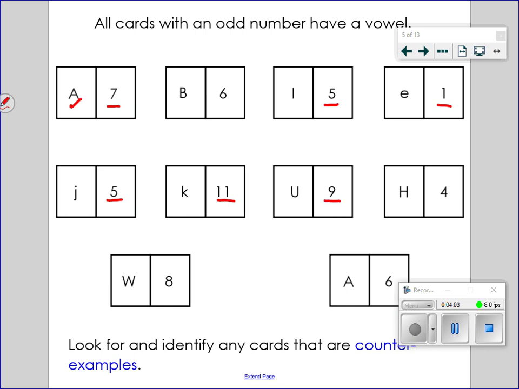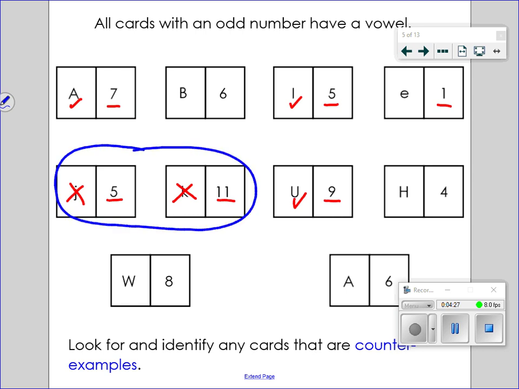Yes. This is an I. Yes. This is a K. Oh, that's not a vowel. J. That's not a vowel. U is a vowel. So some do and some don't. But because we found these 2 counterexamples, that means we've proved this statement is false.